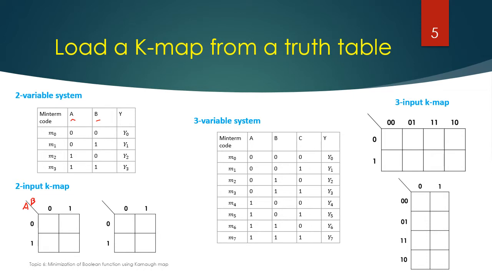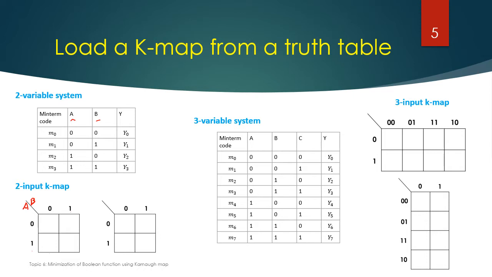Basically, the 0 and 1 stand for the possible values for each variable. You can think of this as a coordinate system. So we have the x-axis, which is b, 0 and 1, and we have the y-axis for a, which is 0 and 1. So we can define any box using the x and the y number.